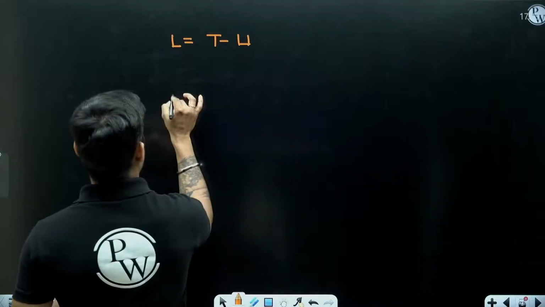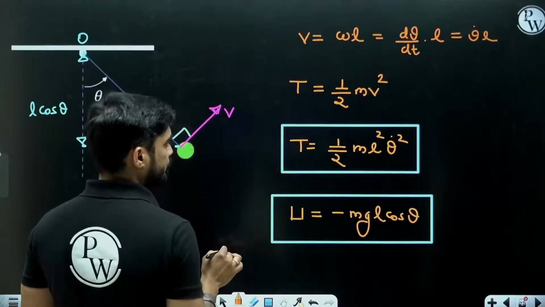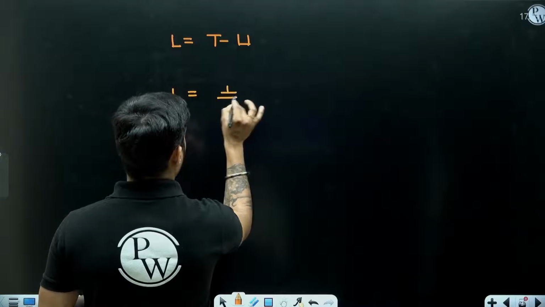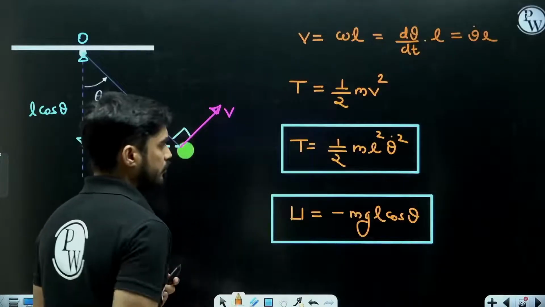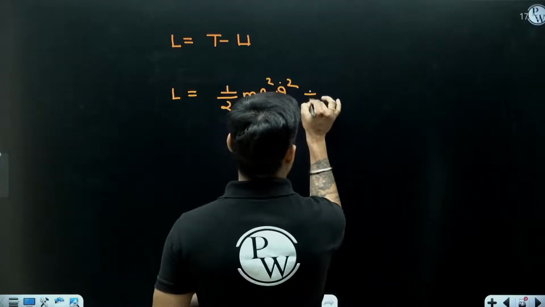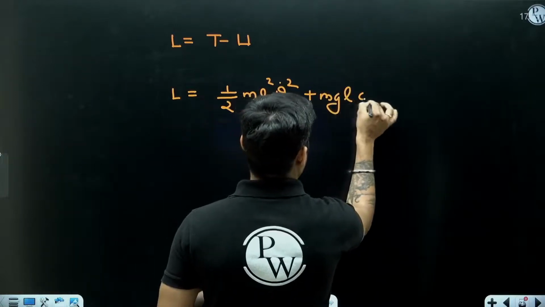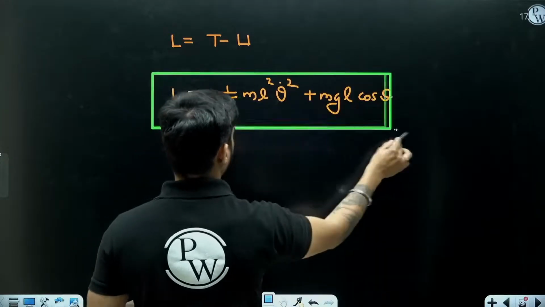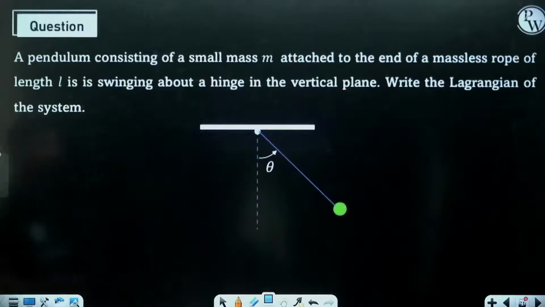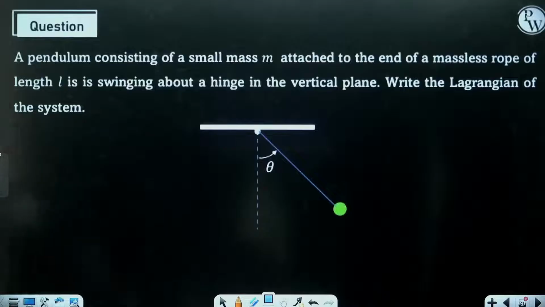So L will become equal to half ml square theta dot square plus mgl cos theta. Okay. So this is the Lagrangian of the system.